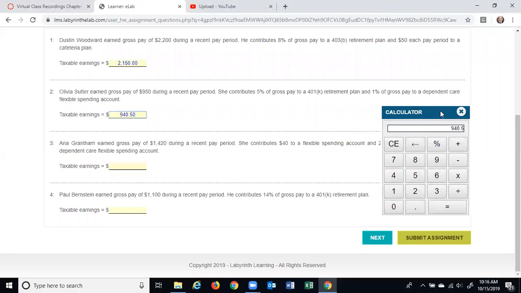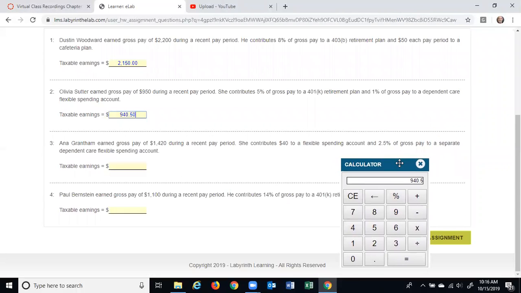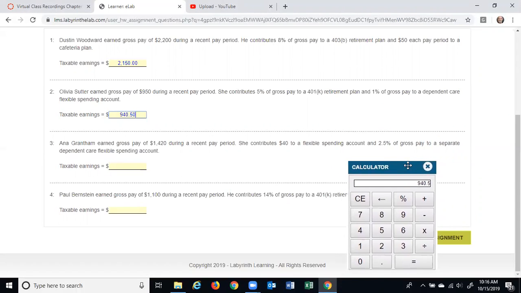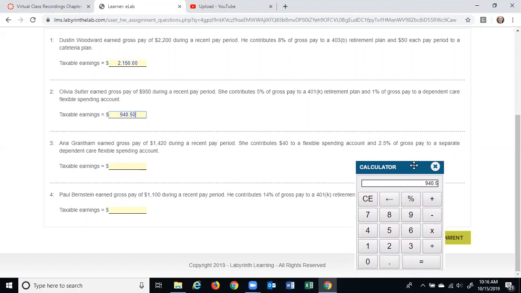Okay, next one. Anna Grantham earned gross pay of $1,420 during the recent pay period. She contributes $40 to flexible spending and 2.5% to a separate dependent care flexible spending account. Both of these are non-taxable for Social Security. So we know that $40 is flexible spending and the 2.5%.